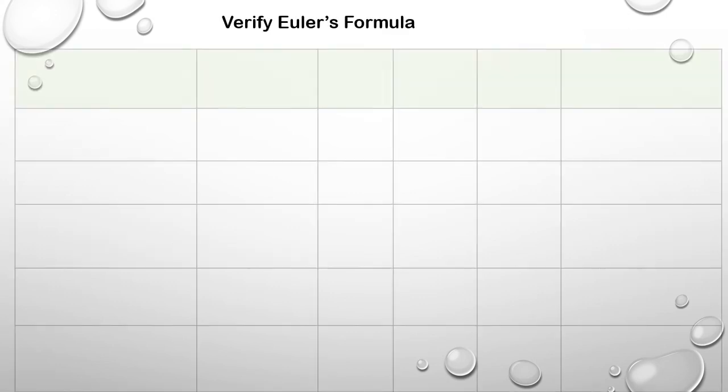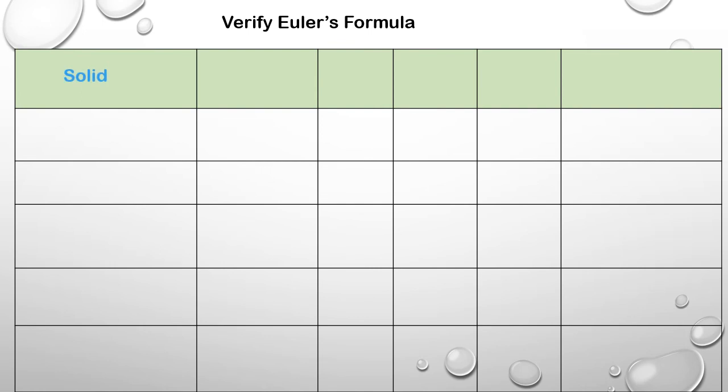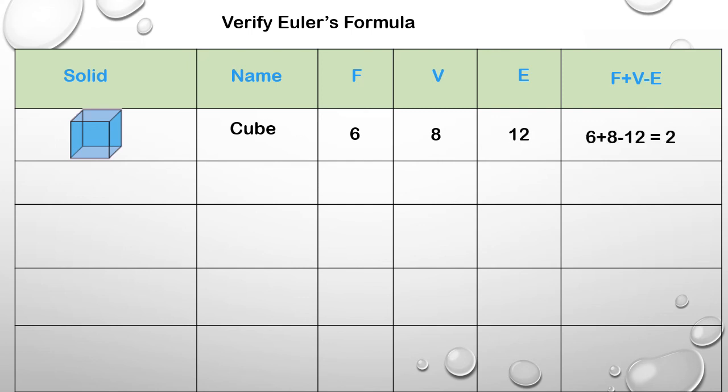So now we are going to verify Euler's formula for 3D shapes. Solid name, F means faces, V means vertices, E means edges, then F plus V minus E. Already we have found it for the cube. So cube: 6, 8, then edges are 12. 6 plus 8 minus 12 is equal to 2.